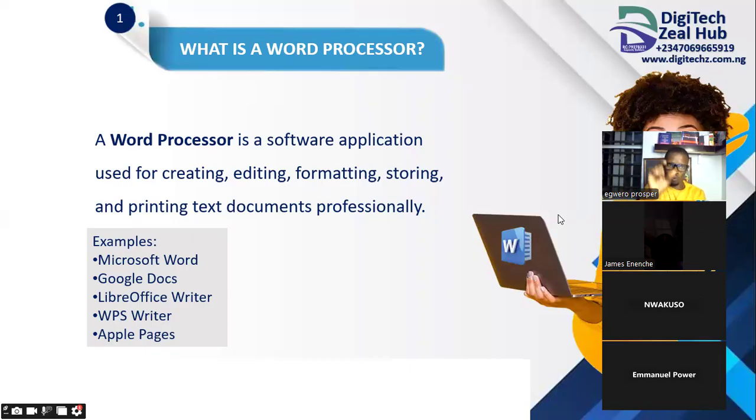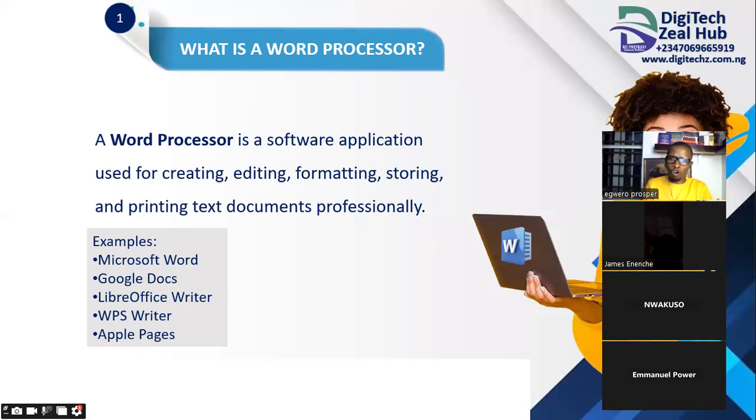All right. So a word processor is a software application used to create, edit, format, store, and print text documents professionally. Examples of them are what I've mentioned here, Microsoft Word. Now you can see the journey that I've taken us through. I could have come straight to the introduction to Microsoft Word and then we start learning from there. You see that you would have lacked this background, so you would not even know how Microsoft Word came about.